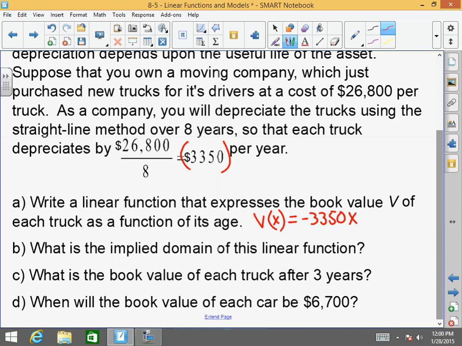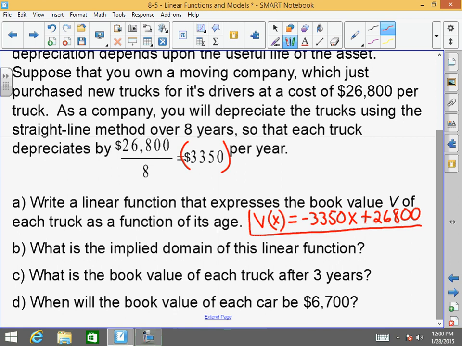That is what depreciation is, plus what I paid for it. So that is my book value, when I'm taking into consideration the truck that I bought and the depreciation.